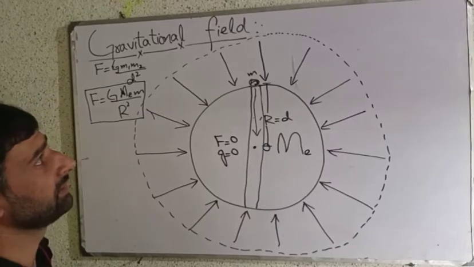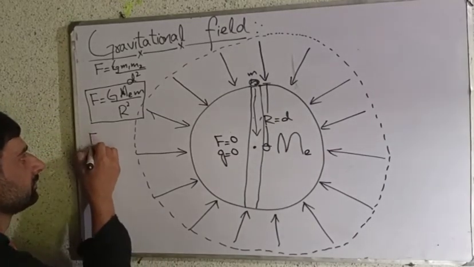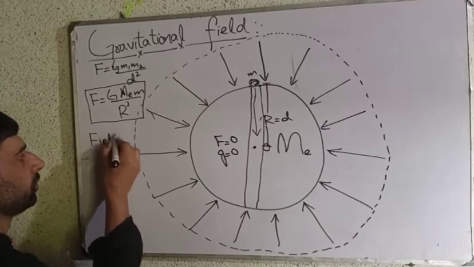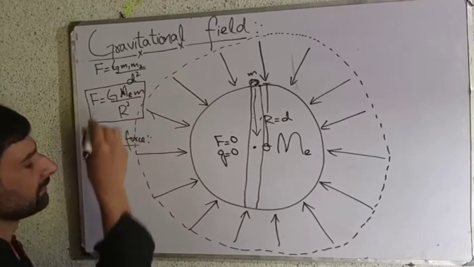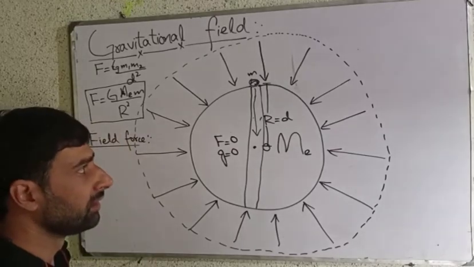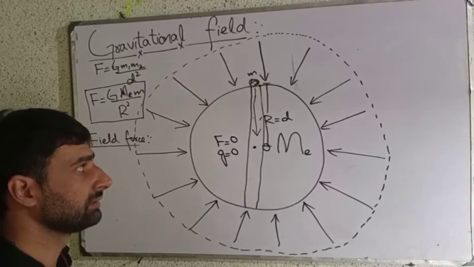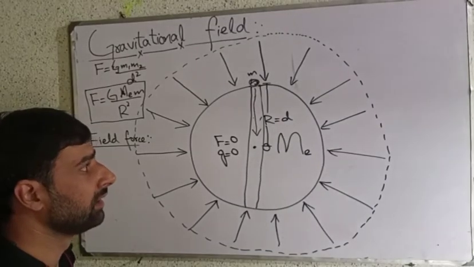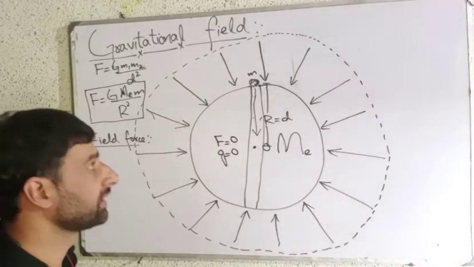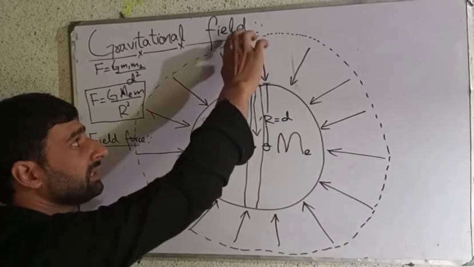Now we shall define what a field force is. Field also means region. All those forces are called field forces which act in a specific region. So we have seen that this force of Earth is acting within a specific region.